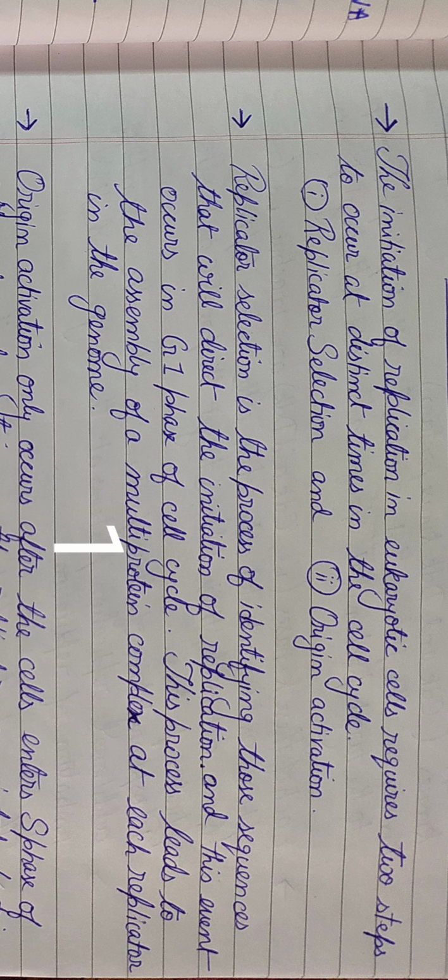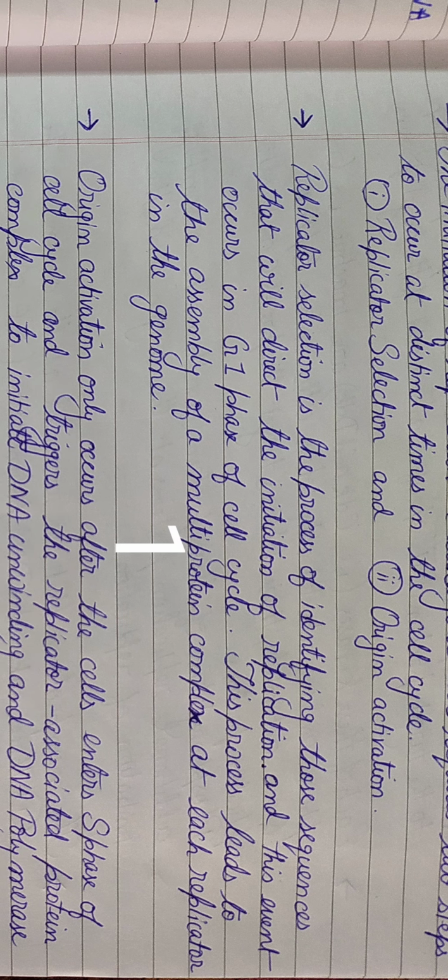First, the proteins involved in initiation identify the sequences that will be the initiation sites, and this event occurs in the G1 phase of the cell cycle.